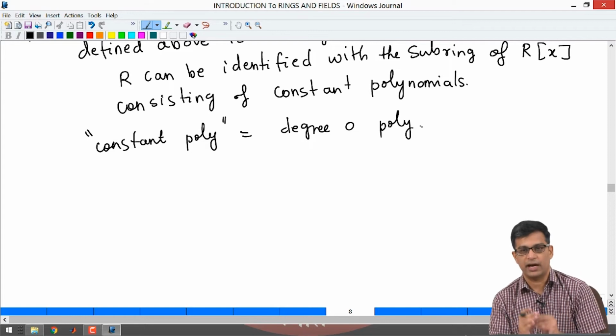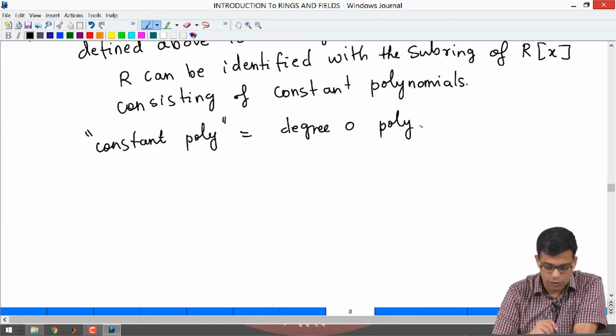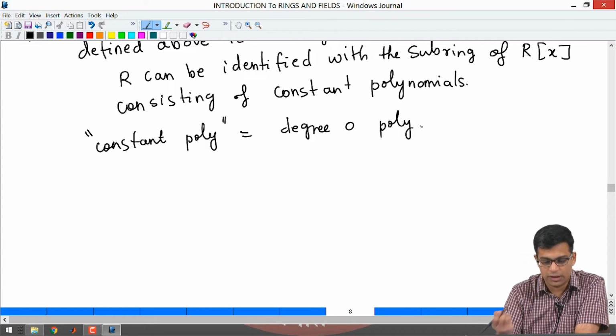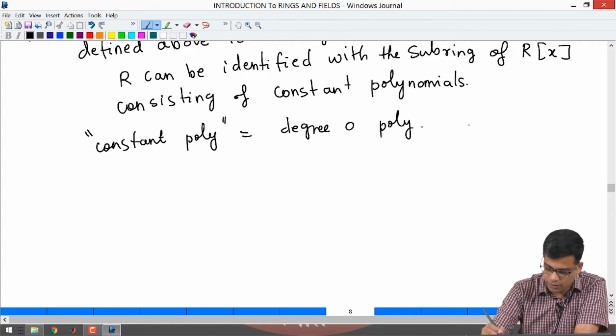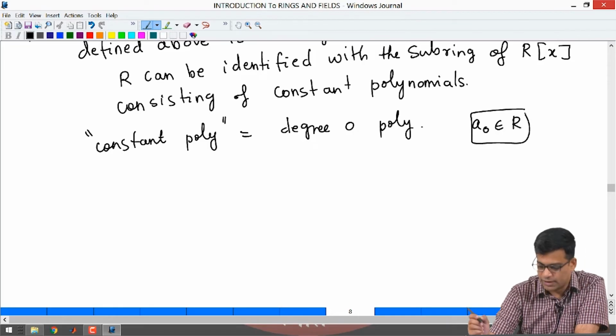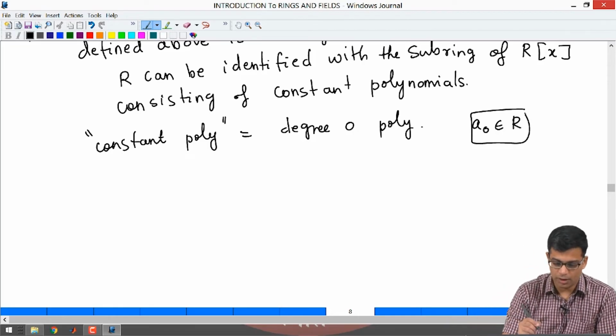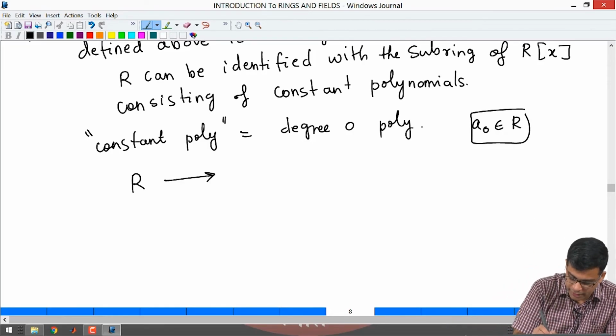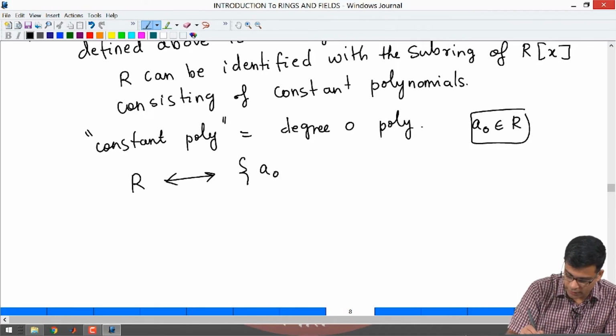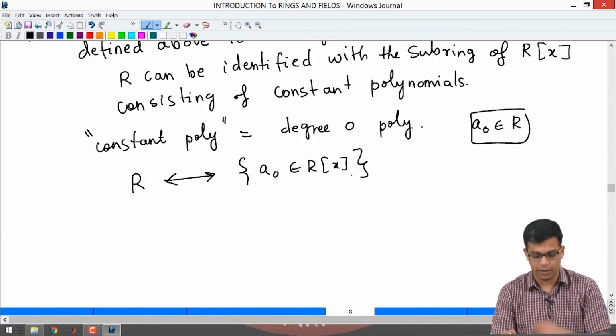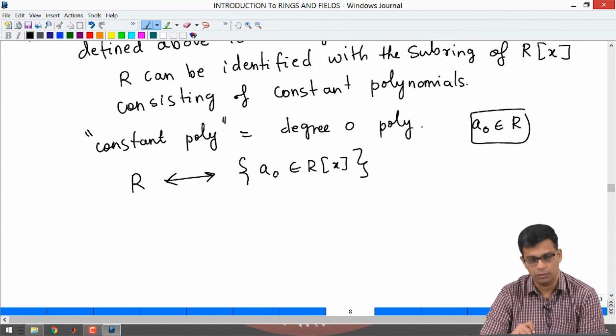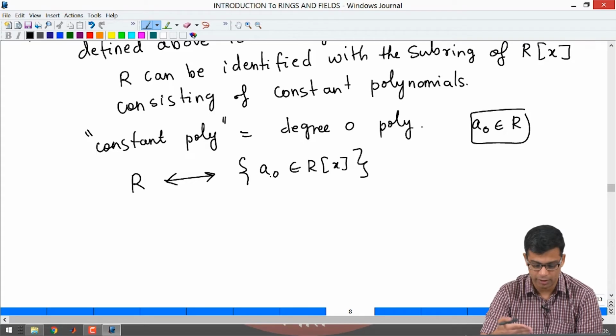Okay, so, inside R[x] you have degree 0 polynomials. So, what is a degree 0 polynomial? It is just of the form a_0, right, with a_0 in R. So, R can be identified with the set of a_0 in R[x]. Okay, this is a very obvious statement, because a constant polynomial has no x in it, all the data that is required to describe a constant polynomial is just a_0.